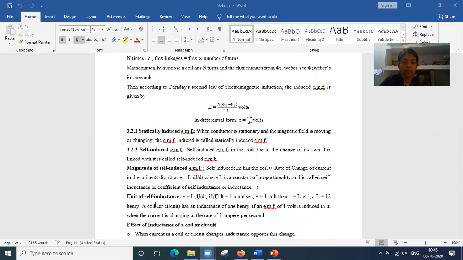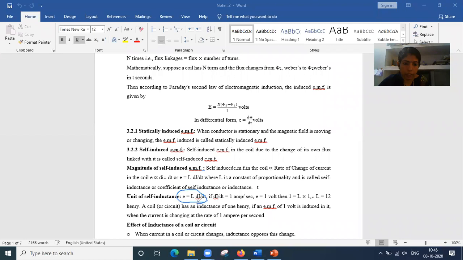Then what will be the unit of self-inductance? The unit is the henry. We know the unit of inductance is the henry, whereas for capacitance it is the farad. So the unit of self-inductance is also the henry. So we can represent E is equal to L into di by dt.